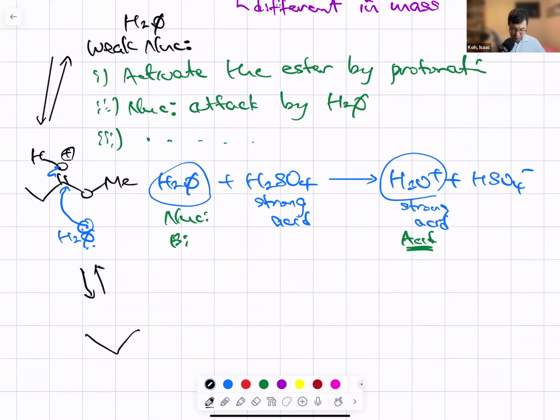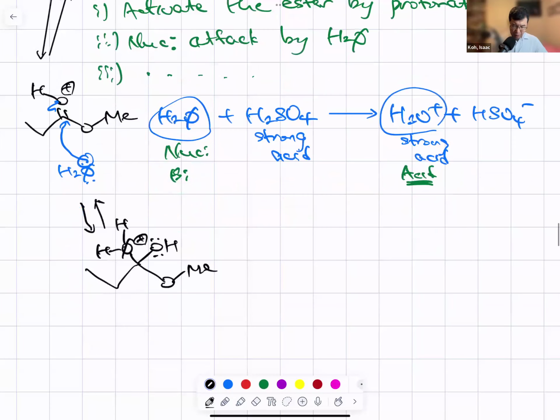Now we have here OH and OH, with H positive. And let's use water as a weak base.